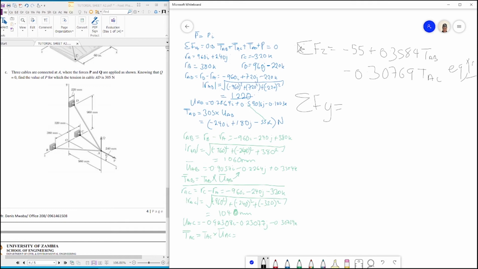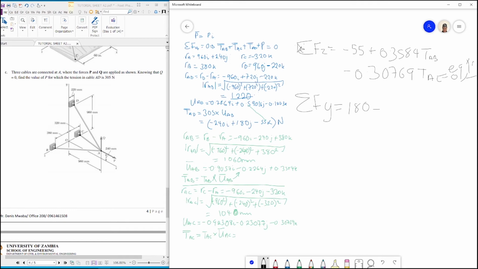So that's why I've used summation of forces in the y. I have my 180 there. By the way, this should be equal to 0 for equilibrium.